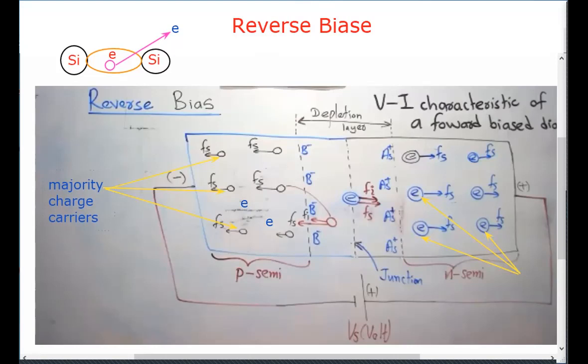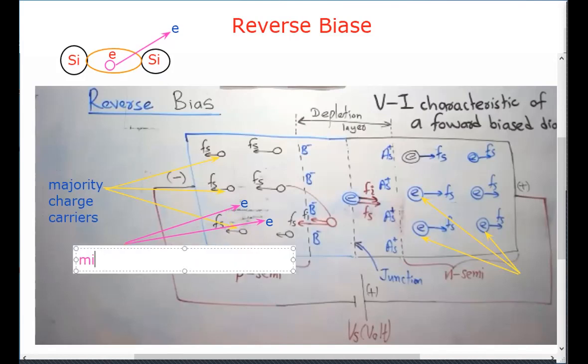What name do we use for these thermally generated free electrons? They are known as minority charge carriers.